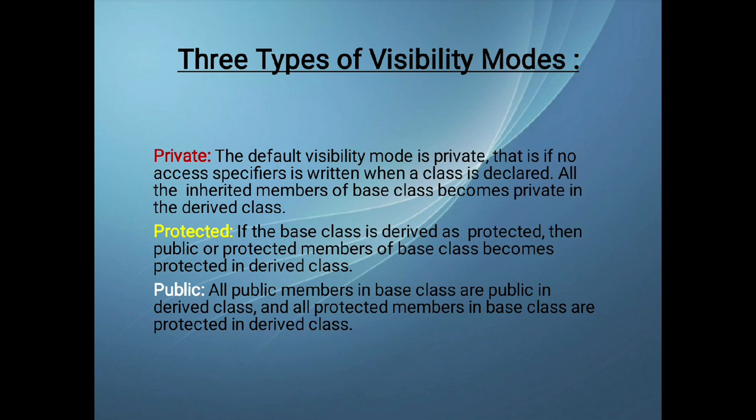Even if the base class members are public or protected, when in the derived class the base class is declared privately, then in the derived class declaration the public members of the base class become private. Everything becomes private.